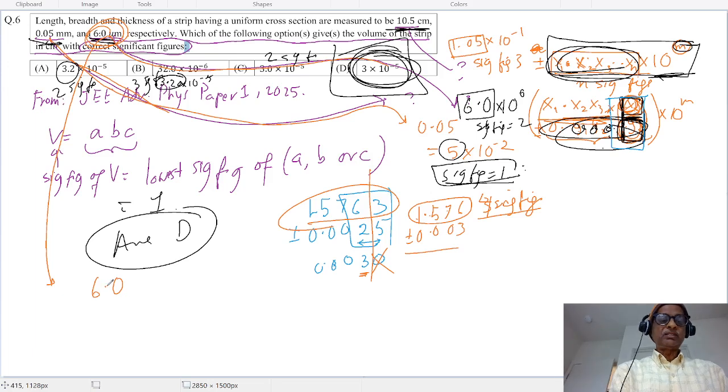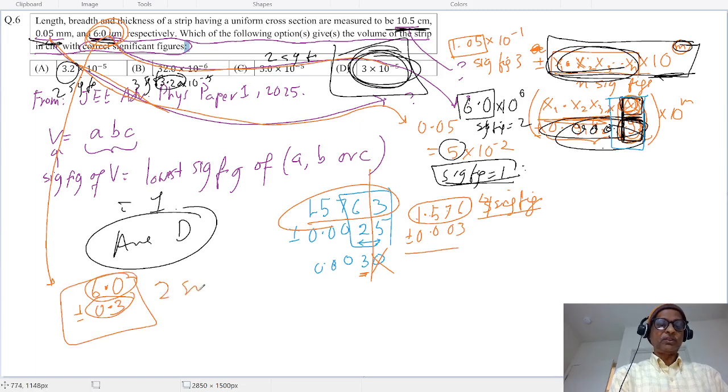The reason it's written like this is that somebody wrote it as plus or minus maybe 0.3. So that was the error bar, and this is the main value. So you've got to keep the 2 sig figs here. This is already in scientific notation, but the 10 to the power is 0. That's why it's not written down.